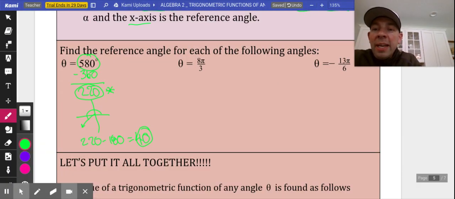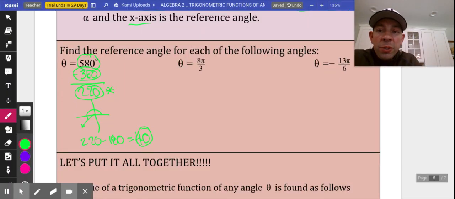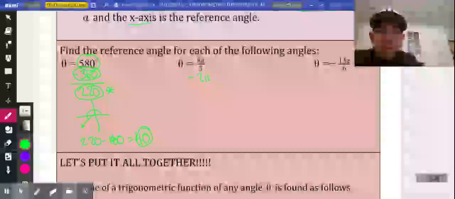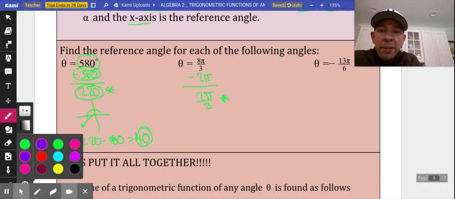Okay. Now notice how I subtracted 360 here. What you can do is you could just subtract 2 pi if you want. And in this case, 2 pi would be 6 pi over 3, leaving you with 2 pi over 3. Again, if you want to make a note in your notebook, that's coterminal. And of course, another alternative is just convert that 8 pi over 3 into degrees right away. And I think when you do that, you're going to get 480.